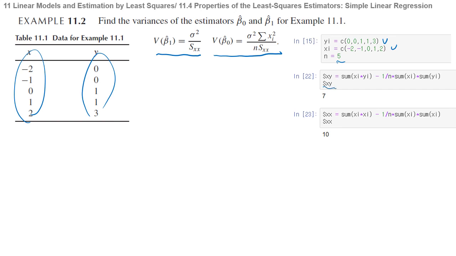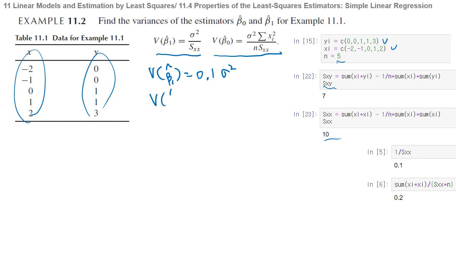Actually you don't need Sxy, but you calculate Sxx, and as a result 1 over Sxx is 0.1. So the variance of beta 1 hat is 0.1 sigma square, and the variance of beta 0 hat is 0.2 sigma square.